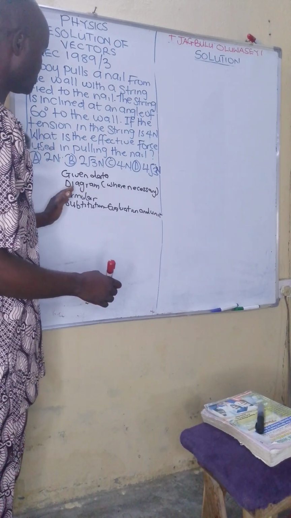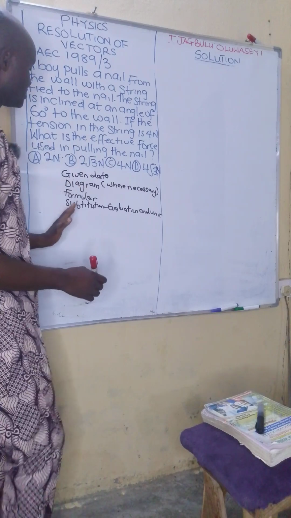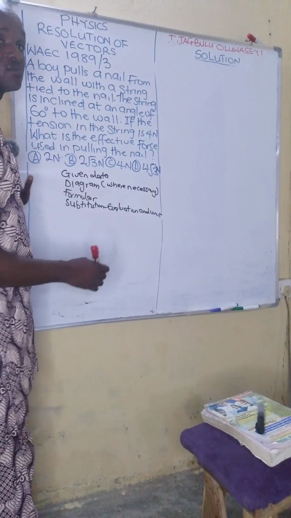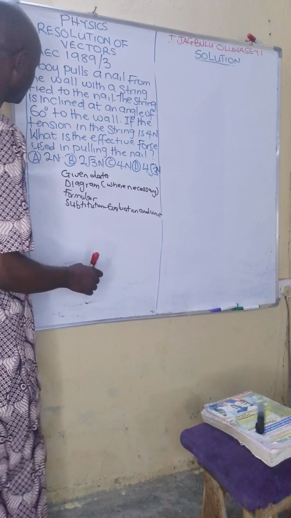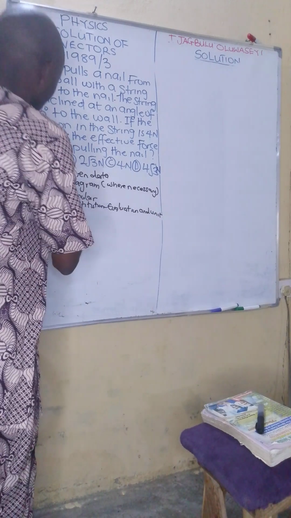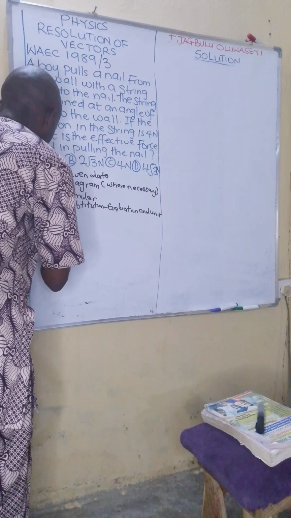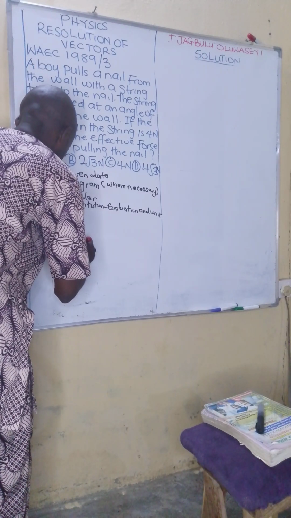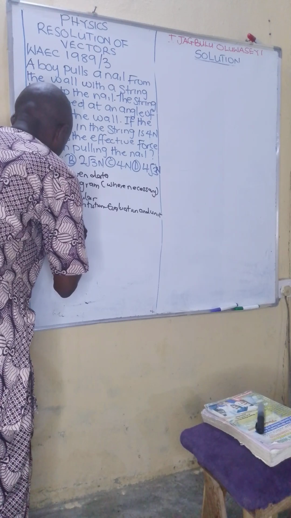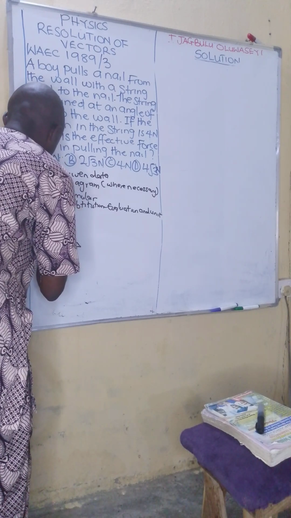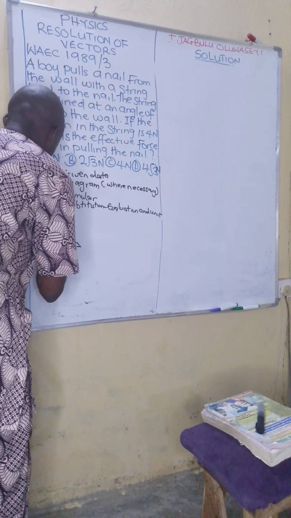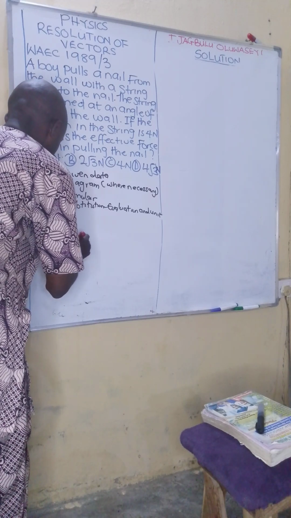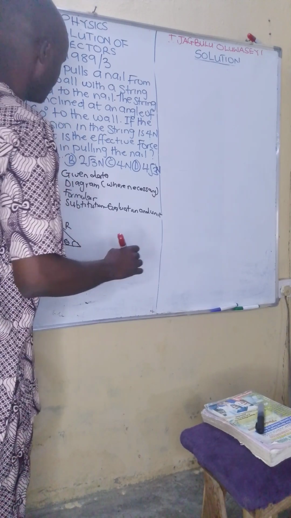Now what we consider here is that we have to get the background knowledge of this particular question. So considering our right angle triangle, this represents the resultant. This is a vertical force, horizontal force, and your angle is given here.